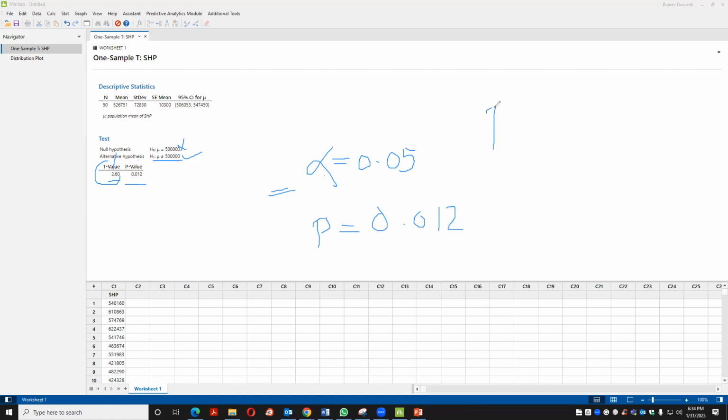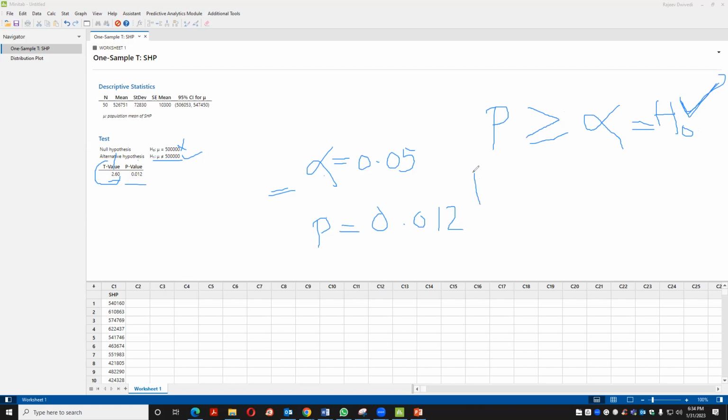If p value is greater than or equal to alpha, then you say H0 is accepted. This is the tick mark.